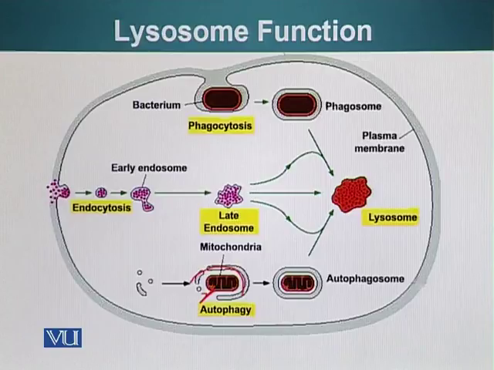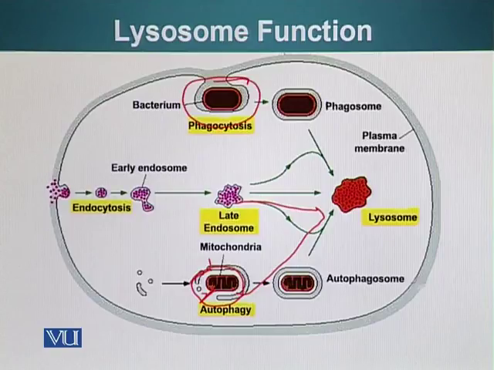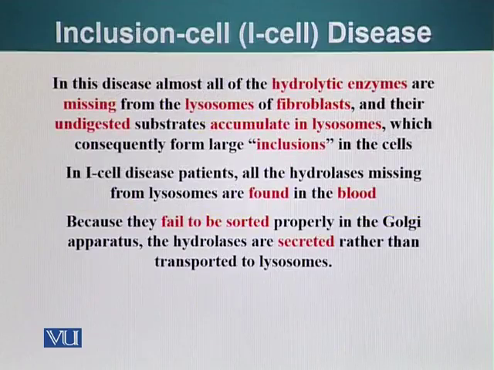A membrane will form around this mitochondria. This mitochondria will fuse with the lysosome, and will be degraded. We already know how bacteria are phagocytosed by, for example, white blood cells, and these bacteria also fuse with the lysosome, end up in the lysosome where they are degraded. So this is how lysosome works.